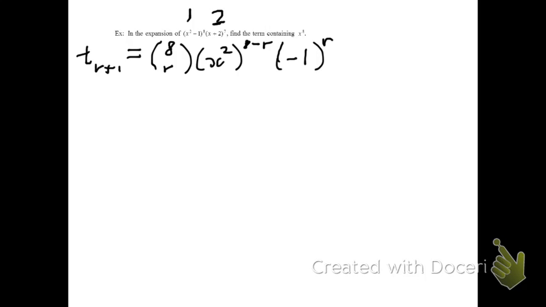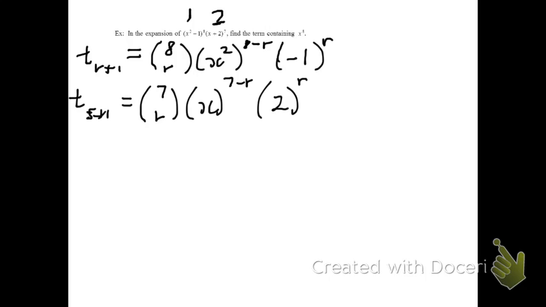That's my first general expression. Then we want to come up with a second one, so we'll call this t of s plus 1. That one is a binomial of degree 7, so 7 choose r. The a is x to the power of 7 minus r, and the b is 2 to the r. So we have two general expressions there that we can use.